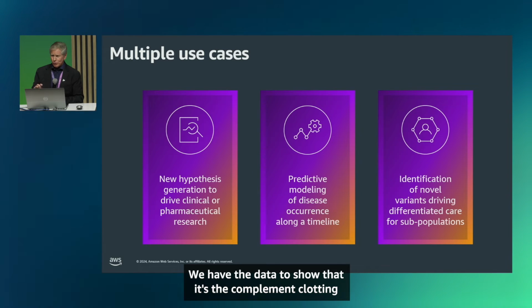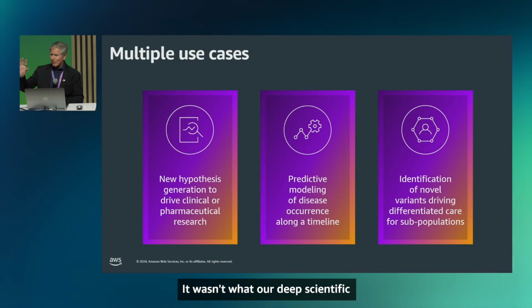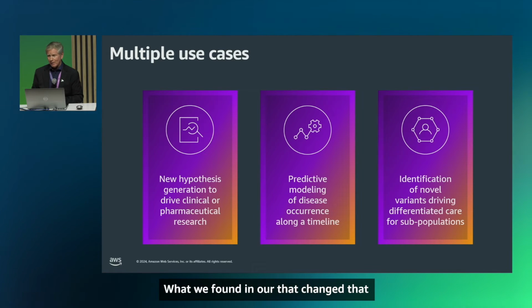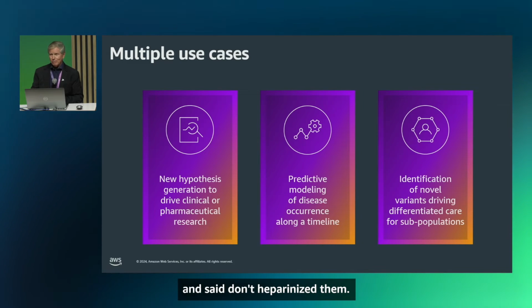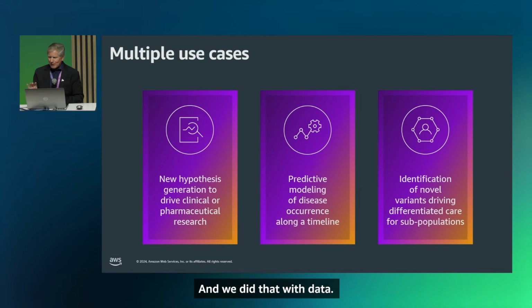We have the data to show that it's the complement clotting cascade that is causing this DVT and PE. It wasn't what our deep scientific researchers at the NIH said, it was what we found in our data that changed that and said, don't heparinize them, treat them with steroids. That's going to stop that part of it. And we did that with data.